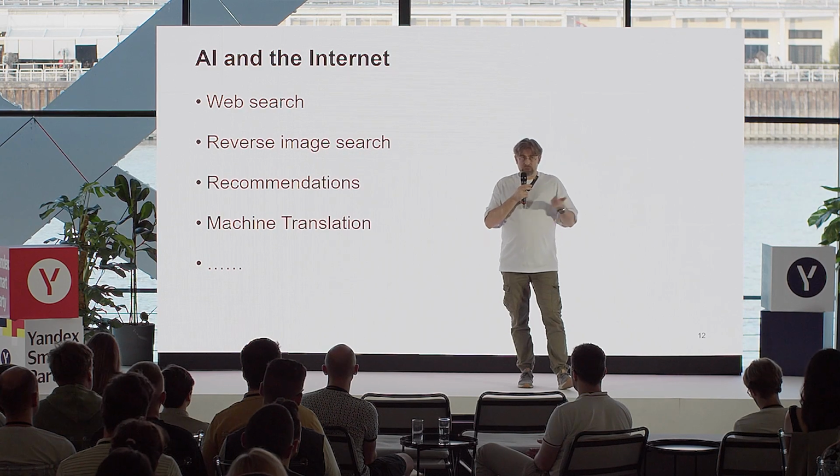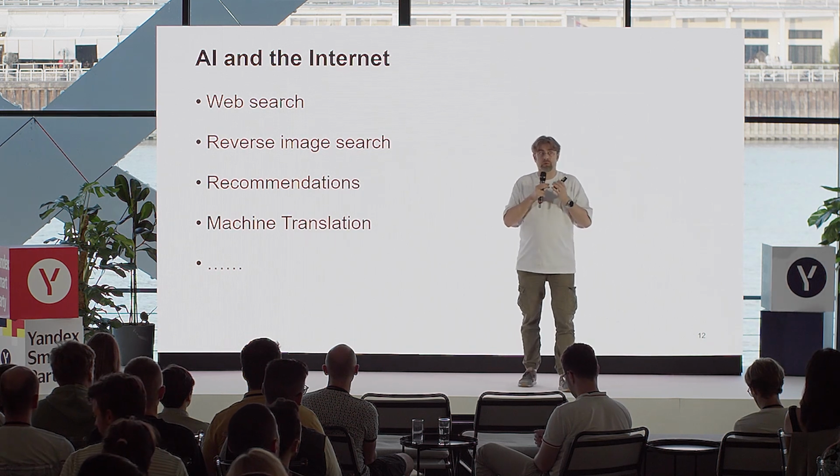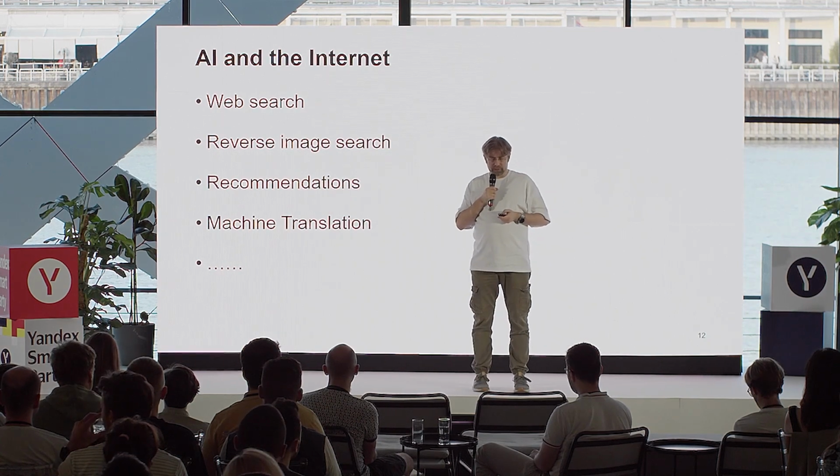And not only text translation, we also have at Yandex real-time video translation. It's also completely based on neural networks, on AI technologies. I mean automatic acoustic speech recognition, text-to-speech technology, and of course NLP, natural language processing for automatic machine translation.